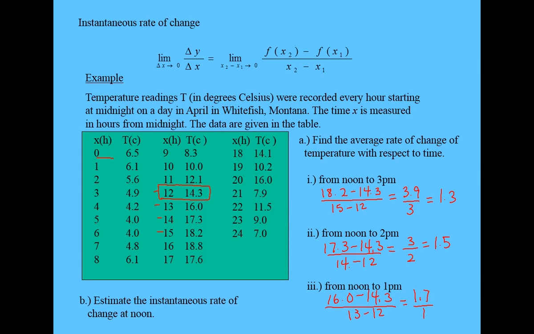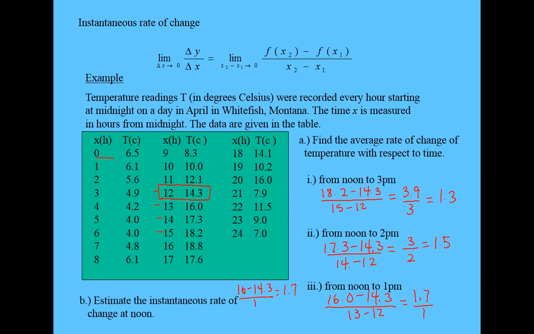But let's take the secant line from 11 to 12 and then 12 to 1 o'clock and then average those two. This is a technique we've used before. So we would have 16 minus 14.3 divided by 1, which is 1.7. That's the slope of the secant line between 12 o'clock and 1 o'clock.